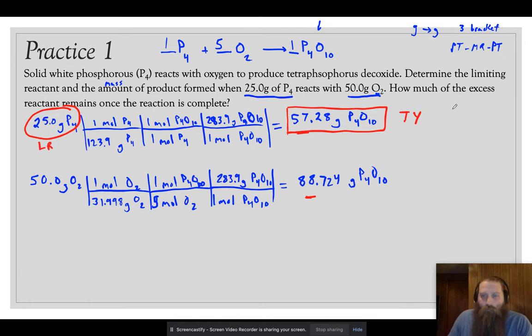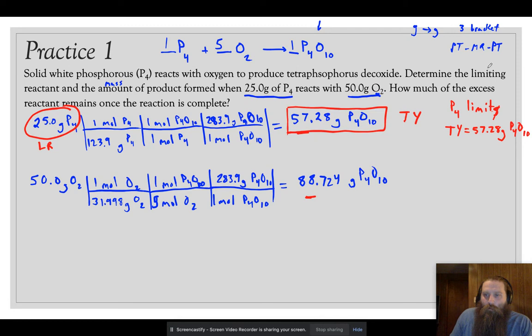So we would write P4 limits, and the theoretical yield is 57.28 grams of P4O10.